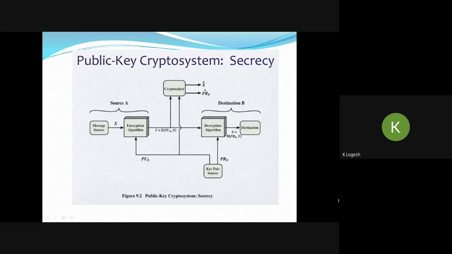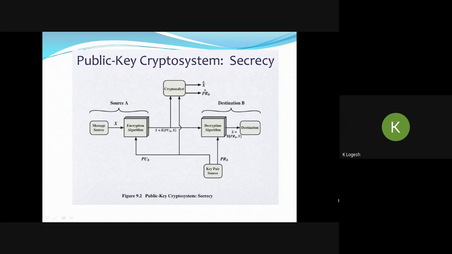So the equation is X equals D of PR of B, comma Y. So we get X, which is the plain text. In this process, we can prove data confidentiality or secrecy. Secrecy will be satisfied in this communication between sender and receiver.